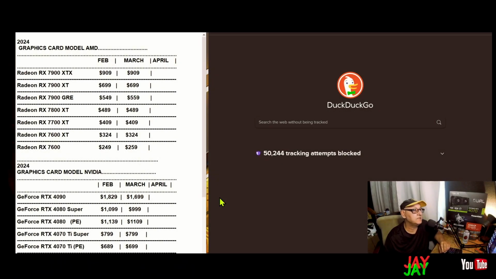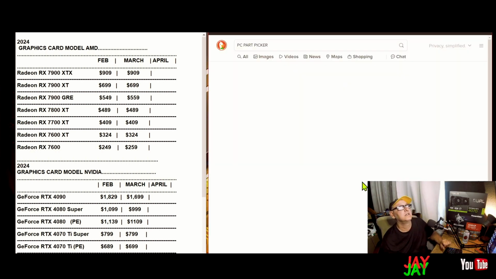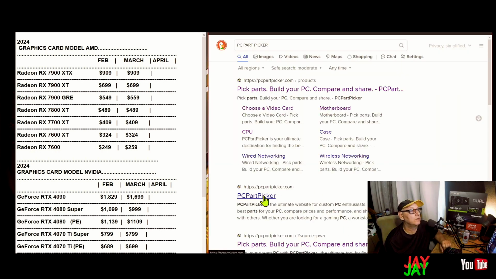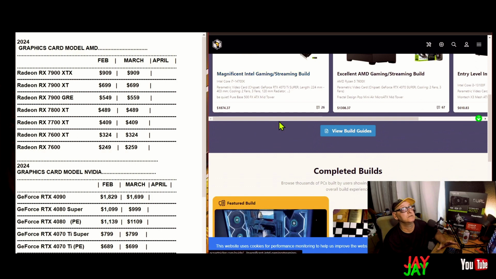Okay, now we made it to the action screen really quick. Let's go ahead and pull up PCPartPicker. And we got our list from last month, so do keep that in mind. So let's go to the builder section.